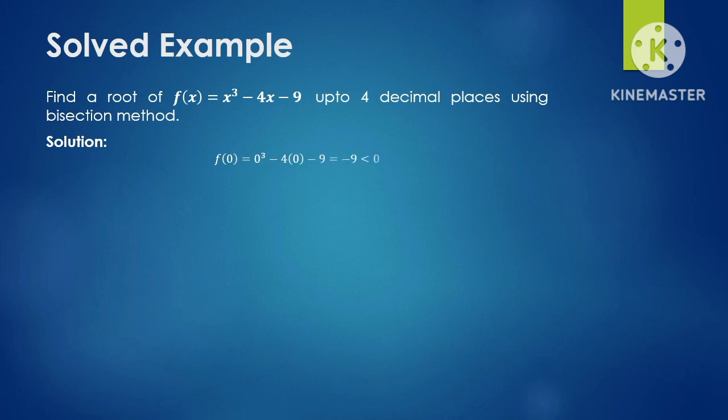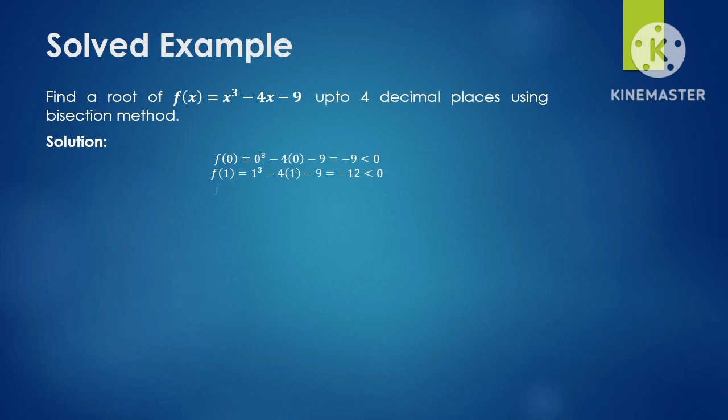So we start from 0, f(0) is -9, which is a negative value. We put another value, 1. f(1) is -12, which is again negative.